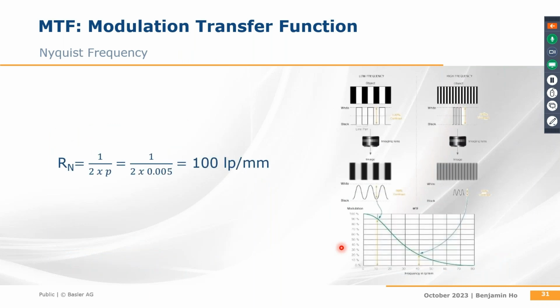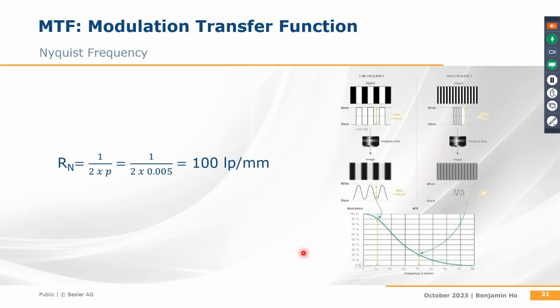As previously explained, the MTF graph is an indicator of how well the lens reproduces objects on the sensor. Therefore, you can use the MTF graph to determine how well the lens can accommodate the pixel size made up by the sensor. Based on the Nyquist sampling theorem, if the pixel size is 5 micrometer, you can use this formula to determine the lens MTF at 100 LP per mm.